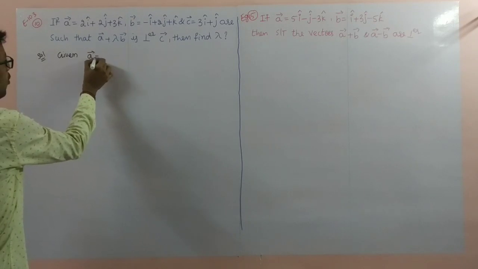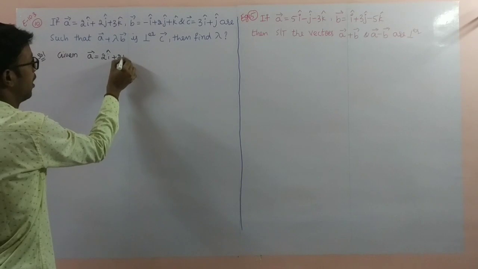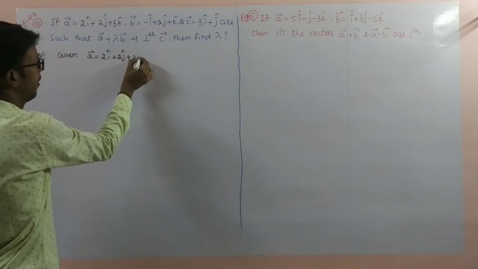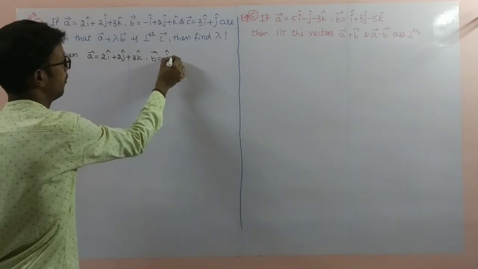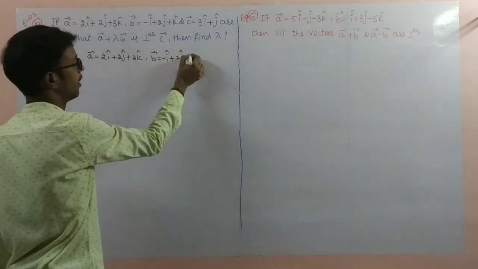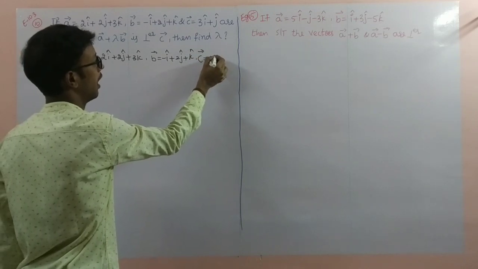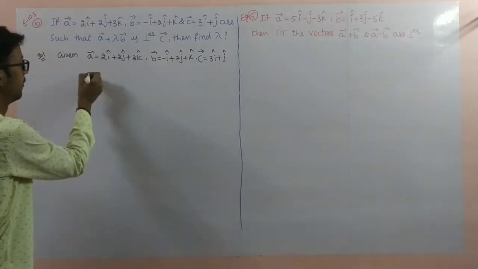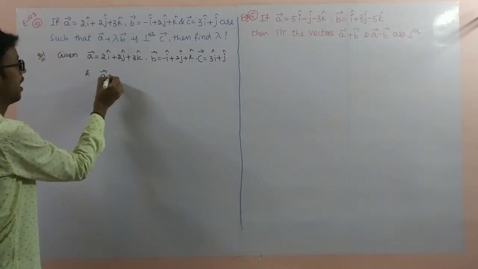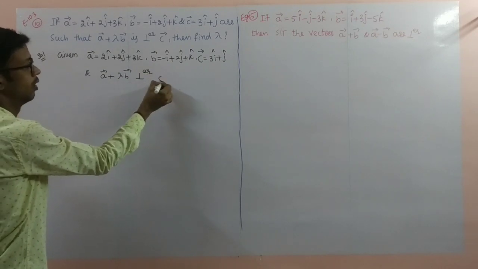A bar equal to 2i cap plus 2j cap plus 3k cap, B bar equal to minus i cap plus 2j cap plus k cap, and C bar equal to 3i cap plus j cap, and A bar plus lambda B bar is perpendicular to C bar.